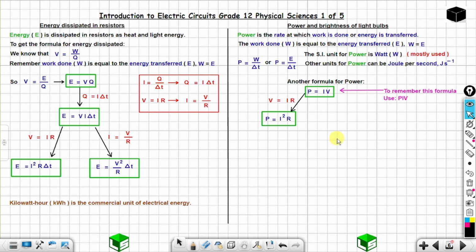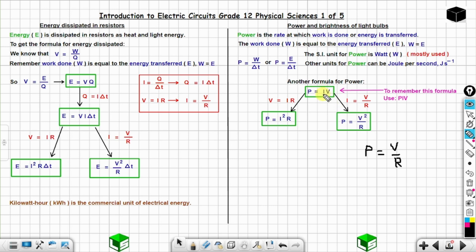We carry on. You can also use this formula from the previous slide. You are going to have the following formula. Let me explain. You have the power is equal to current. In the place of current, you have voltage over resistance.